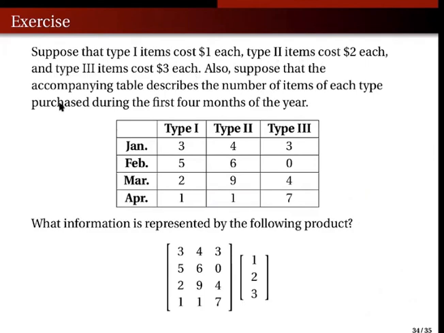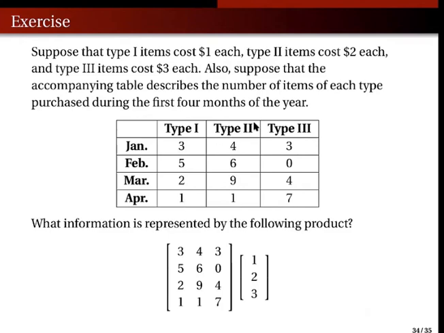Also, suppose that the accompanying table, so this table here, describes the number of items of each type purchased during the first 4 months of the year. So January, February, March, April in here. Type 1, there are 3 items in January, 5 items in February, 2 items in March, 1 item in April.